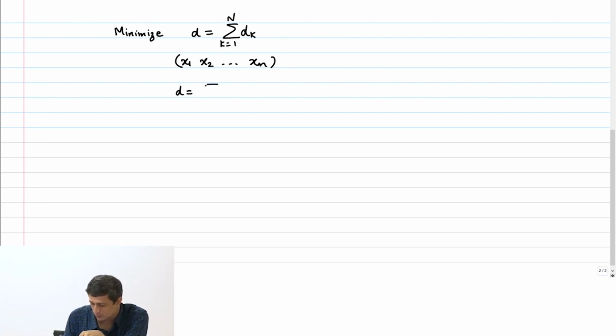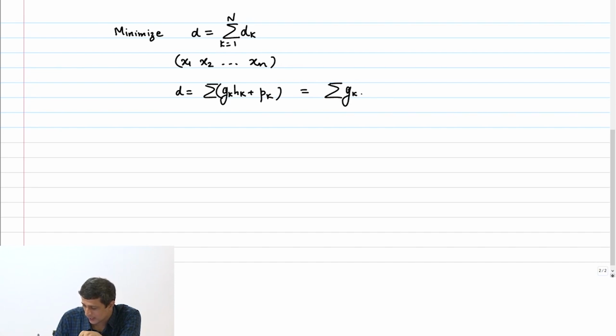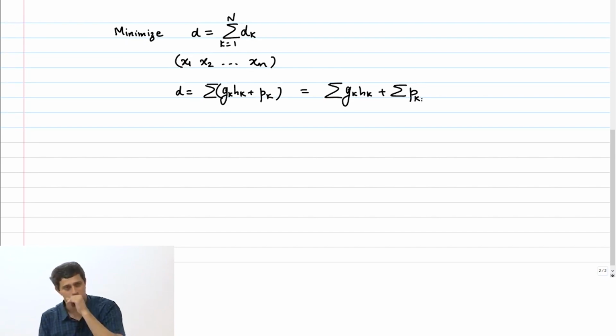D is equal to the summation of gk into hk plus pk. So this I will write as the summation of gk into hk plus the summation of pk. Now we already discussed that the parasitic effort or the parasitic delay is independent of gate size to a first order.